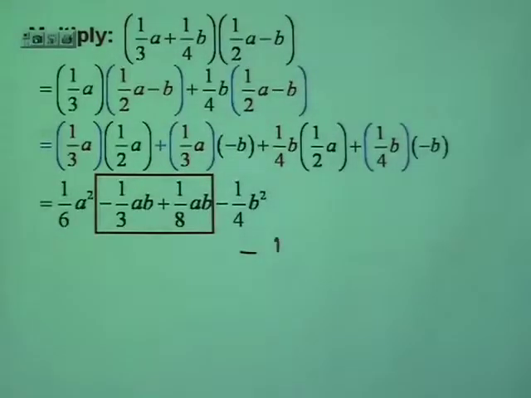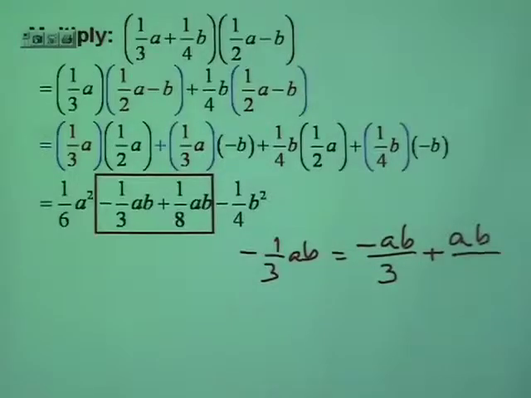Negative 1/3 ab is the same as negative ab over 3, and then plus ab over 8. I hope you understand this.